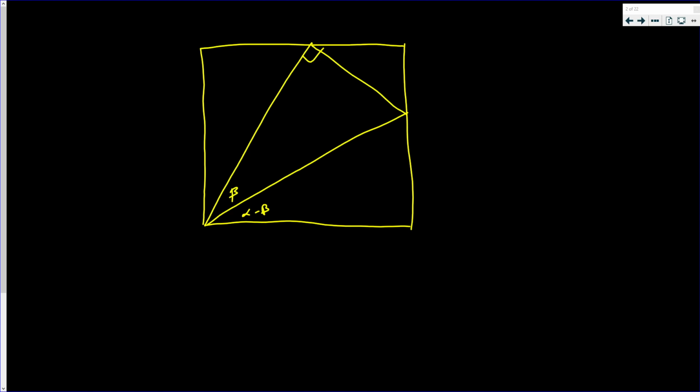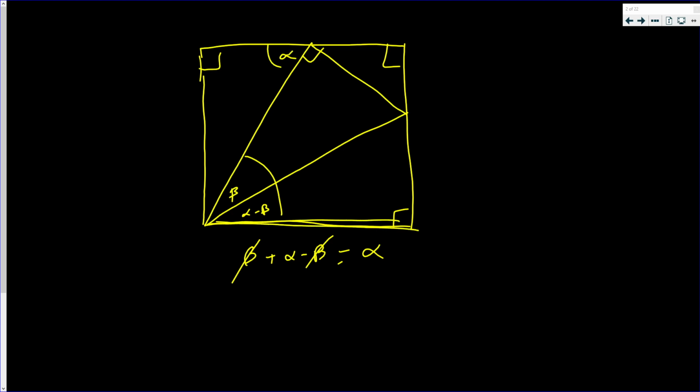We have the right angle that you already see, and the outside configuration is a rectangle. That is, I have 4 right triangles there. Now let's see what's going on. This big angle is alpha, because if you add beta to alpha minus beta, the betas cancel and you get alpha. And this angle right here is alpha because these two lines are parallel and this is a transversal.